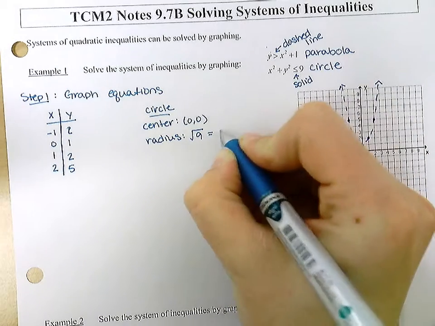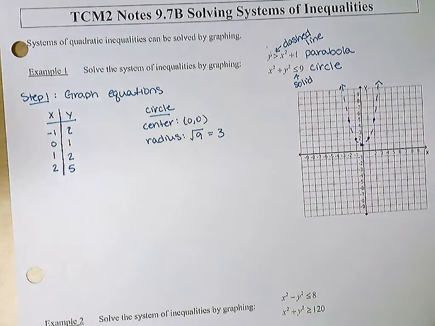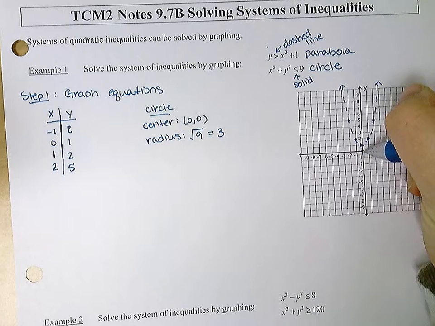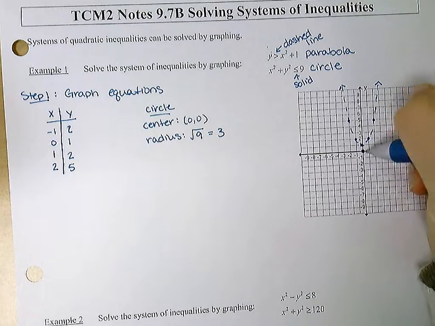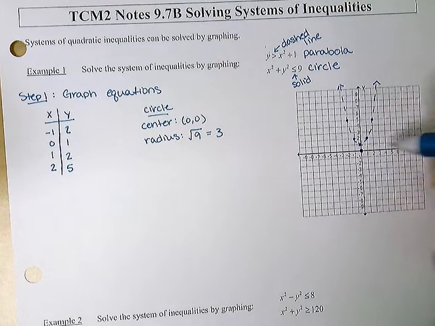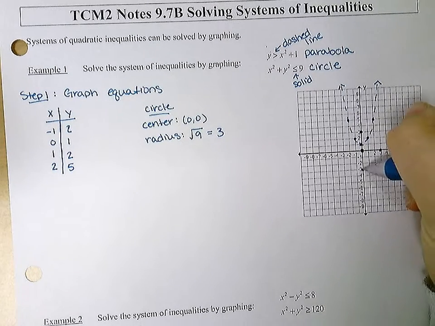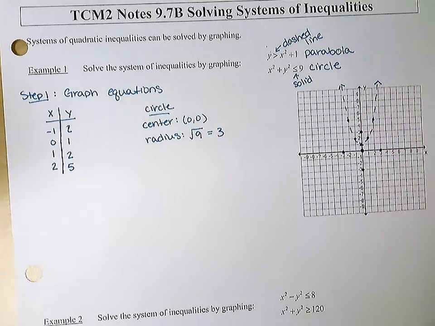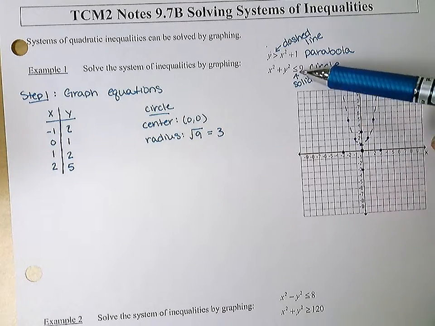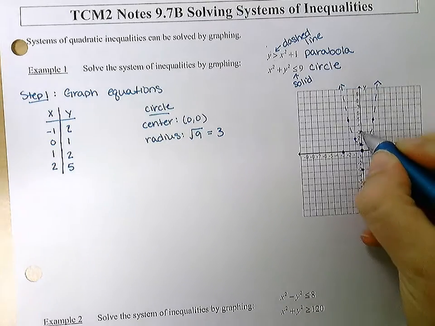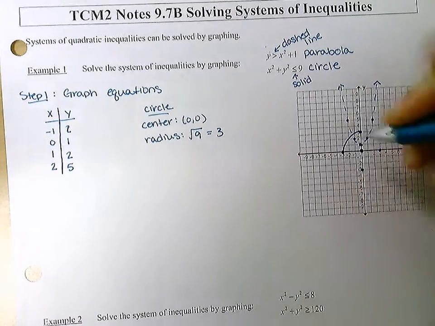The square root of 9 is 3. So I have my center point at 0, 0. From that center point, you can count up 3, right 3, down 3, and left 3 to plot the points for that circle. Again, this one is a solid line because it was less than or equal to. So we just have to connect the dots there.